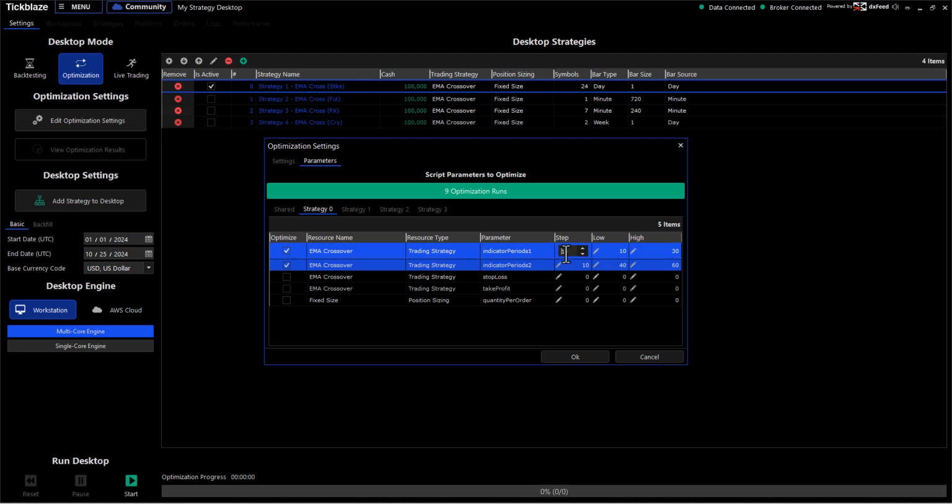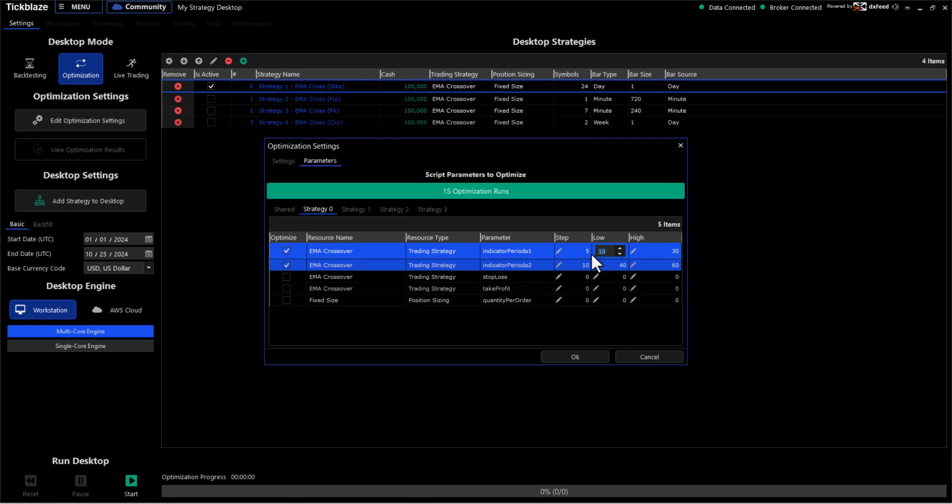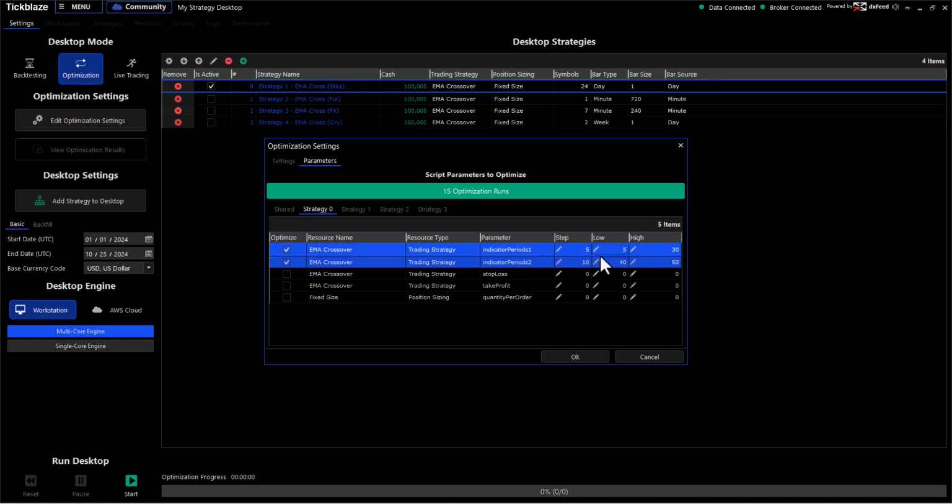If I went down and chose 5 as the step, maybe I want to test the 5 to the 30, which means I'm going to test the 5, the 10, the 15, the 20, the 25, and the 30. There's going to be more iterations, more optimization runs. Maybe we'll drop this down to 5 here as well.